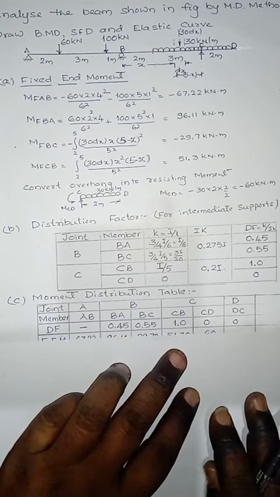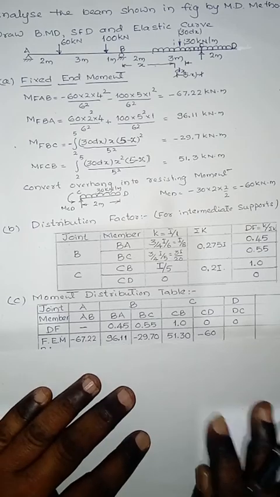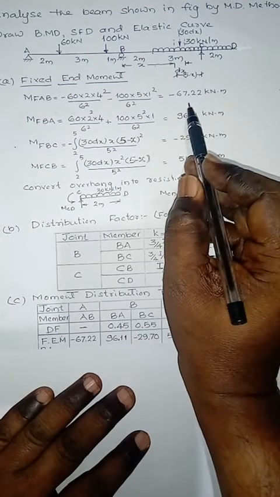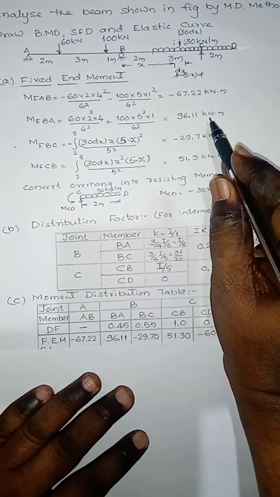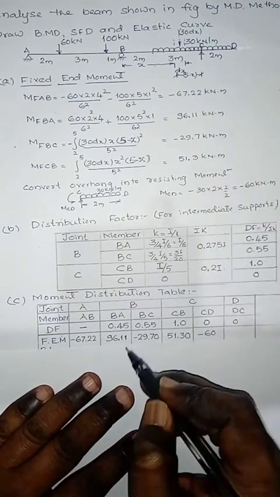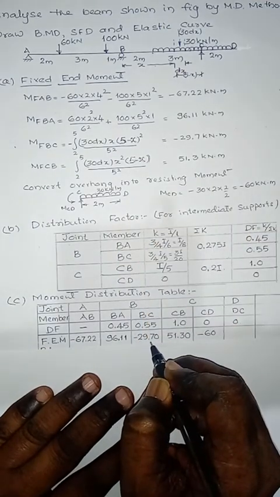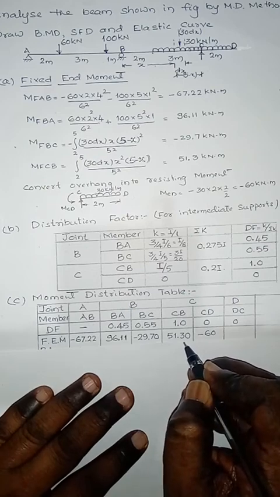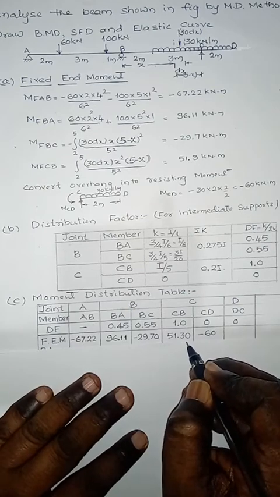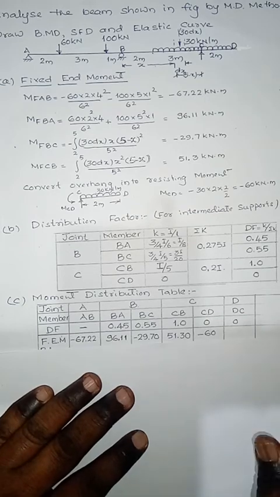DC is 0. Then the fixed end moments. We have calculated M of AB as 67.22, M of BA as 96.11, M of BC as 29.70, for CB 51.3, and for CD minus 60.